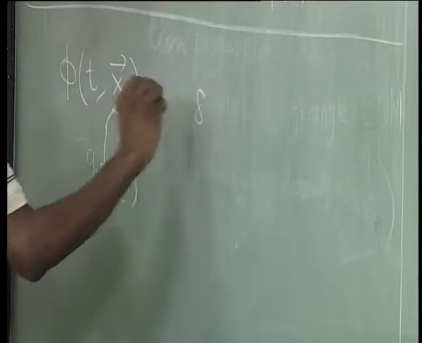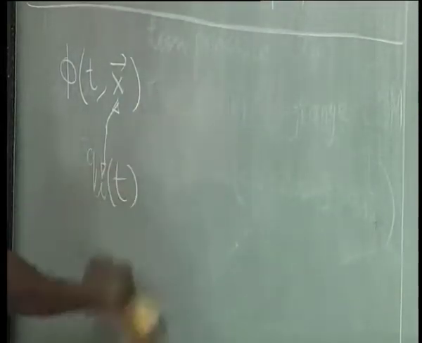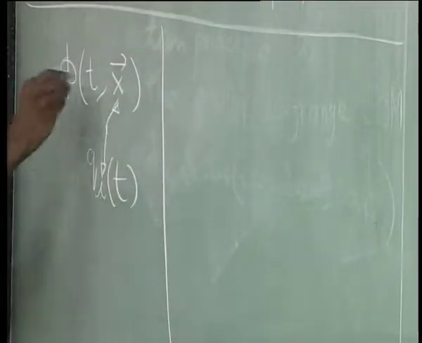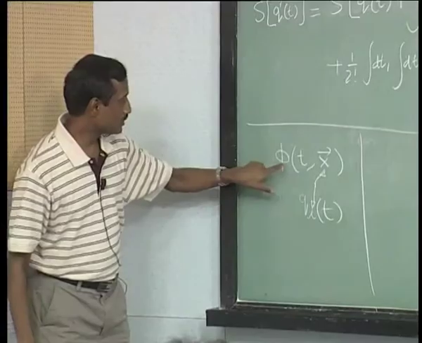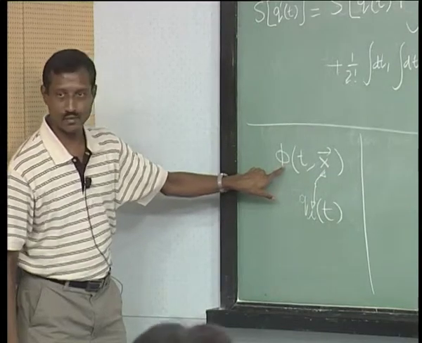Okay. So the first thing is, let us write out what we would define. Changing a trajectory would correspond to changing these phi's.